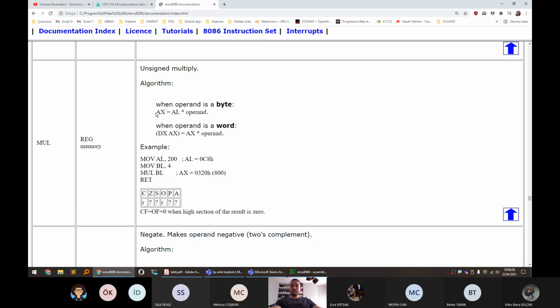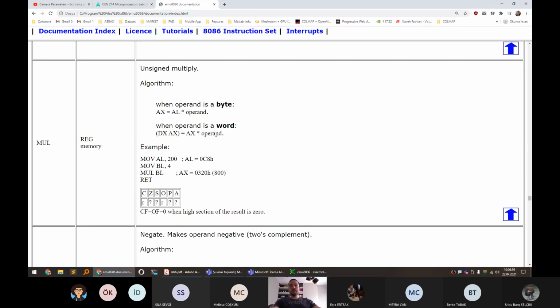Okay, this is understandable. The parameter is here, byte times AL, stored in AX. But this part may be complex to you. Remember, in 32-bit integers, we split the 32-bit integers into two 16-bit parts. We are doing the same thing here.